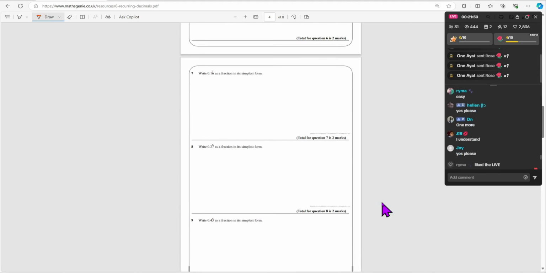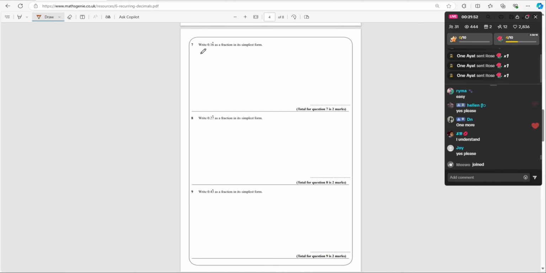Let's do this one where it doesn't tell you the answer. 0.16 recurring, and we convert this into a fraction. It's the same method. We say 0.16 recurring is equal to x.